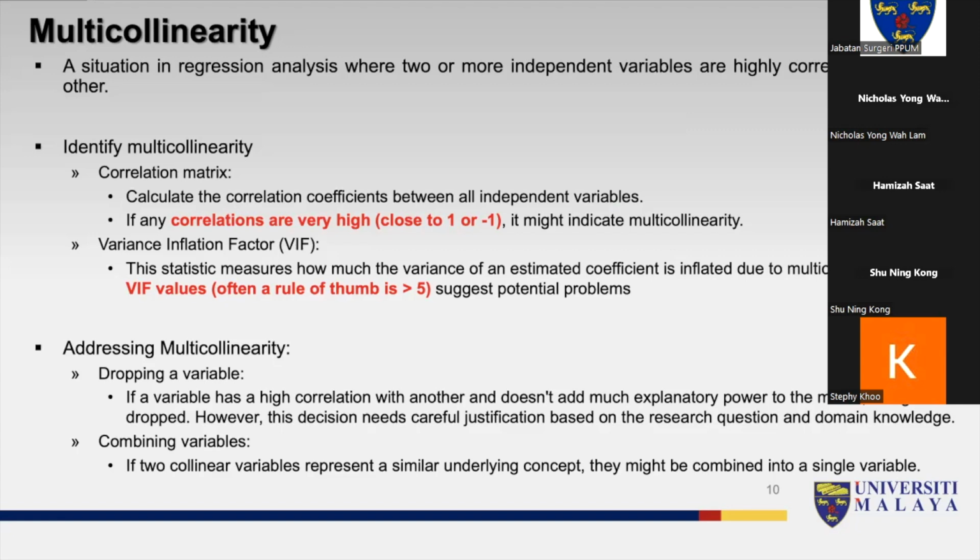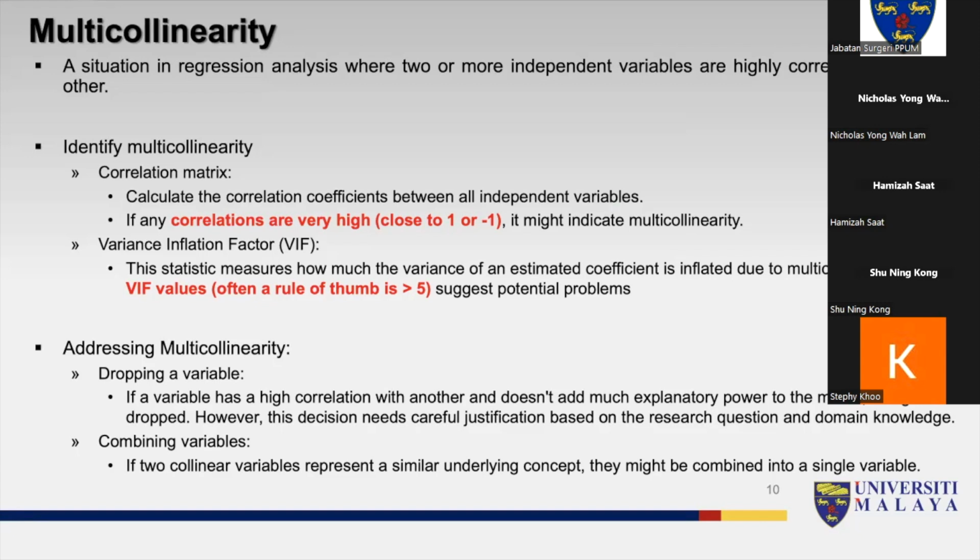To address these multicollinearity problems, you must consider dropping one of the variables or combining variables. For example, if one independent variable is parity and the other one is number of children, the concepts can be quite close to each other, so you might consider dropping one of the variables.